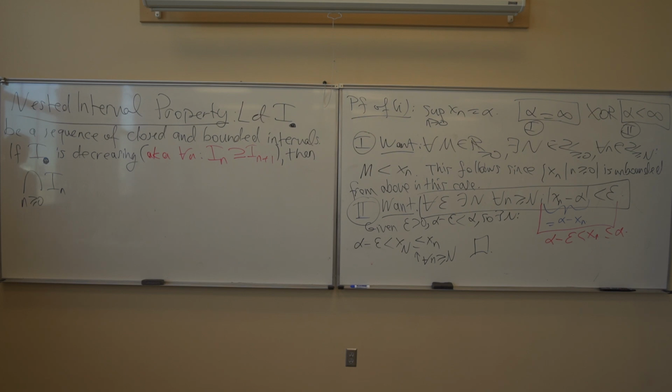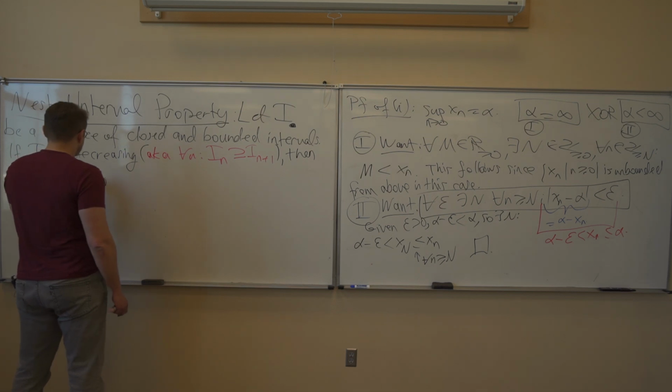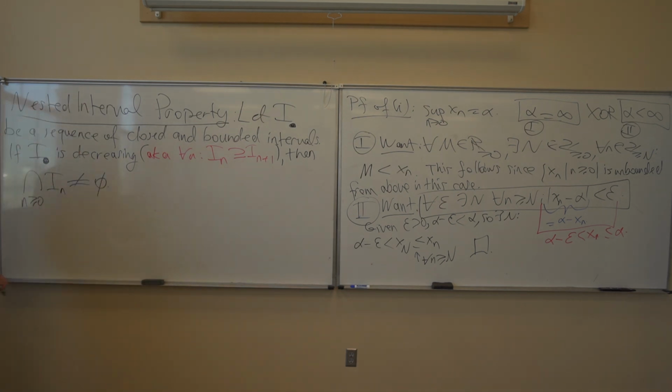Well, the theorem says that this set is non-empty. Let me also add perhaps a second part. If in addition their diameters or their lengths go to 0, then in fact this intersection consists of one point. Let me add it as an exercise.